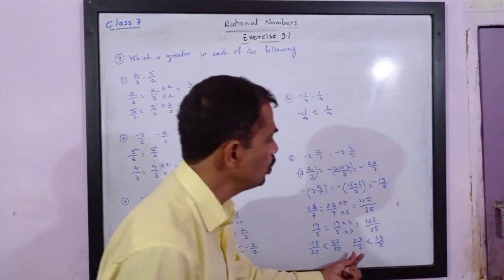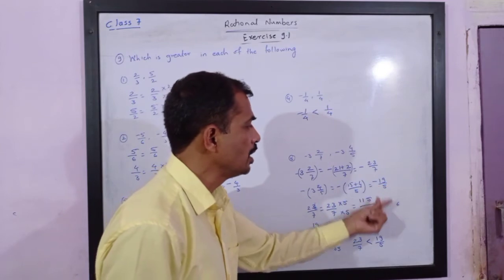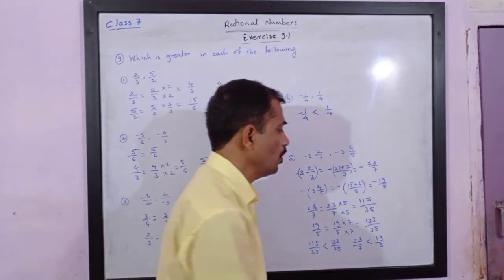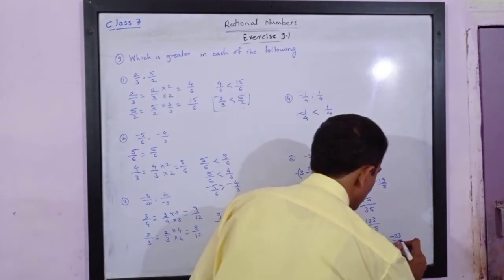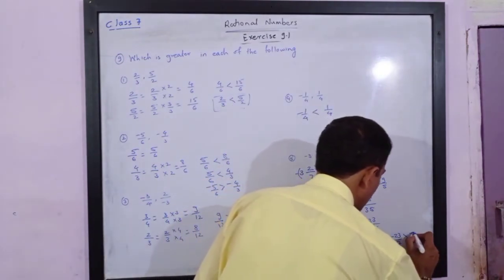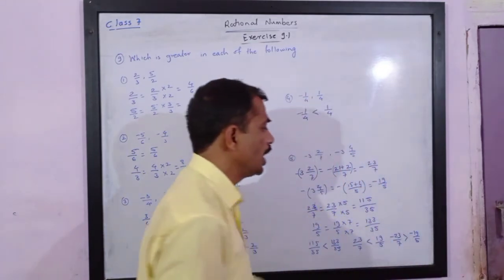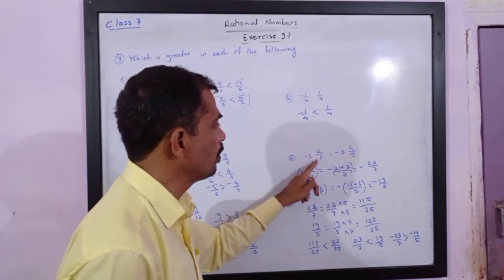Now, in order to do the comparison, please note we have to do the comparison of negative rational numbers. So, it means we have to reverse the sign. So, if you reverse the sign, we will get negative 23 upon 7 is greater than negative 19 upon 5. But negative 23 upon 7 is equal to negative 3 integer 2 upon 7.